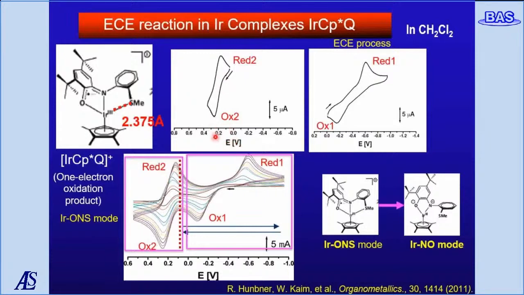In the potential scan from 0 volt to -1 volt, a reduction peak at -0.5 and the corresponding anodic peak at -0.1 volt appear. This CV behavior is identical to the CV response of the iridium Cp*Q complex, which has a bidentate NO coordination mode. Therefore, the reduction of iridium Cp*Q+ induced a structural rearrangement from the tridentate ONS mode to the bidentate NO mode through an ECEC mechanism.